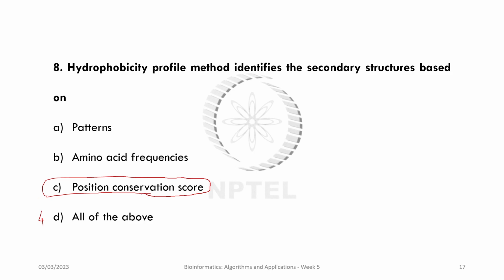Was position conservation score considered in hydrophobicity profile? Think about this and then rethink your option now. Do you still want to stick with D? I mean, if C is gone, so is D, right?